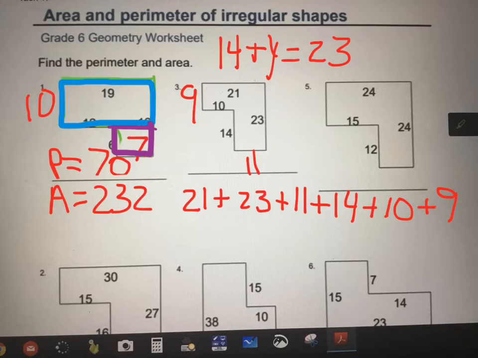So that's one thing you have to be careful of, guys. You have to make sure you are finding all the missing sides and not just adding up what you see. Okay? You have to go along the outside and find every single length around the outside for a perimeter. So the entire thing has to be accounted for on the outside. Go ahead and take a second to add those numbers together to see what you get.